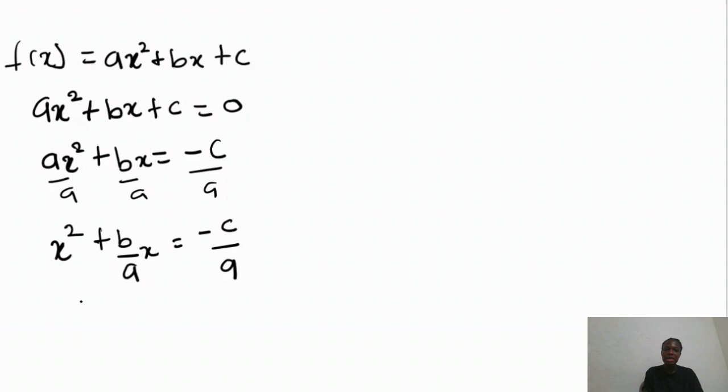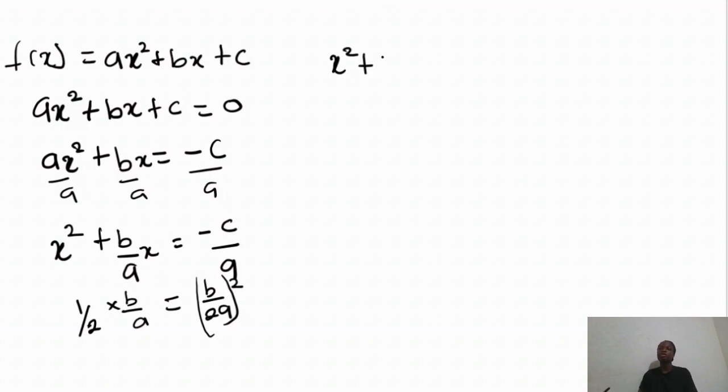What we are supposed to do next is to find half the coefficient of x. If you find half the coefficient of x, which is b over a, we are going to get b over 2a. We are going to square our result and then add it to the right hand side of the equation and also add it to the left hand side of the equation.